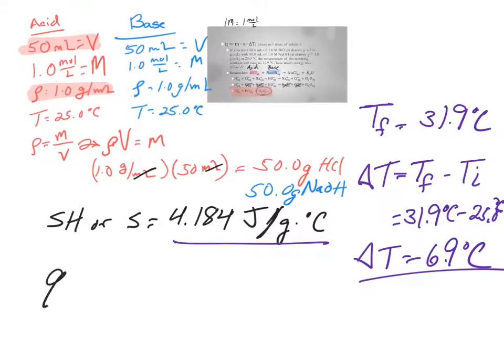So Q is equal to the mass. Is it 50 grams or what? Well, if we take 50 grams of HCl and we have 50 grams of NaOH, do you think that's going to make 100 grams of water? The reality is it could be different, but we have 50 milliliters of a solution where the solvent is water, and for the acid and for the base.